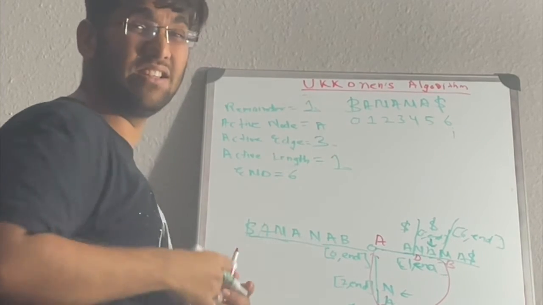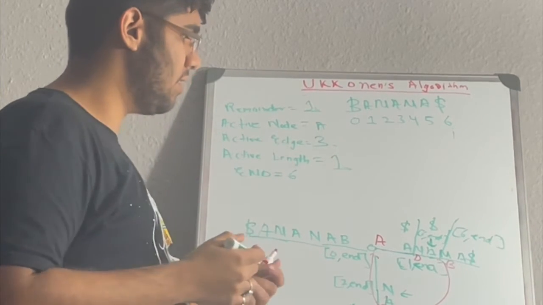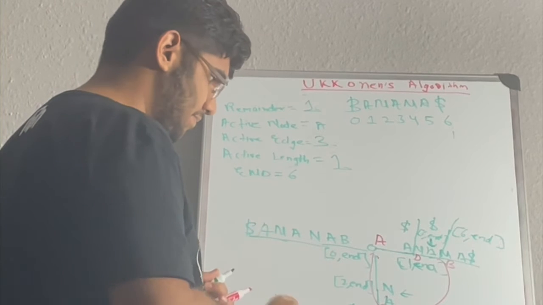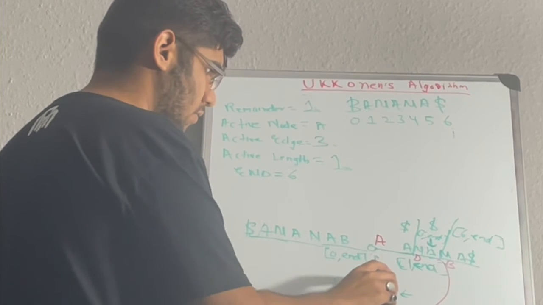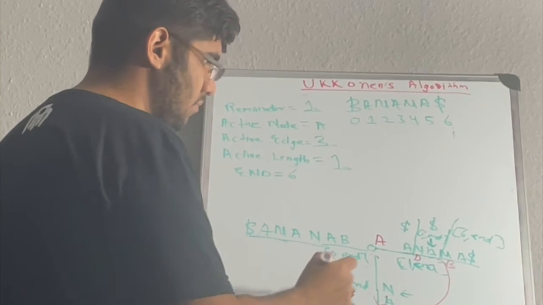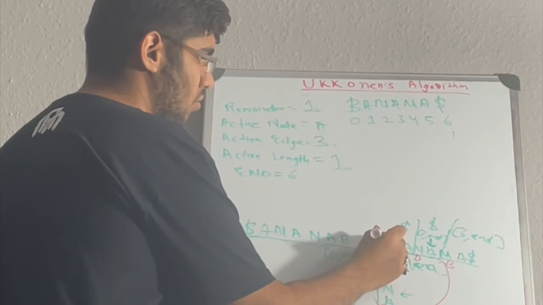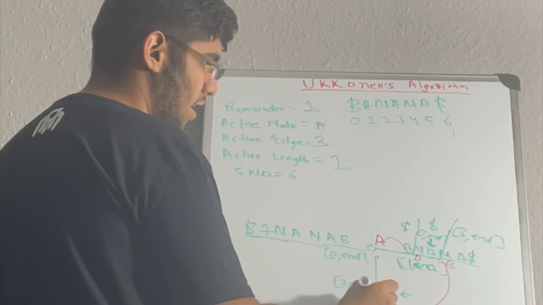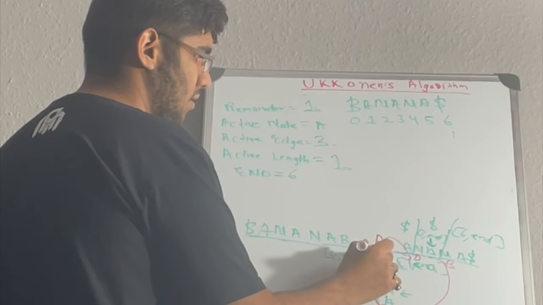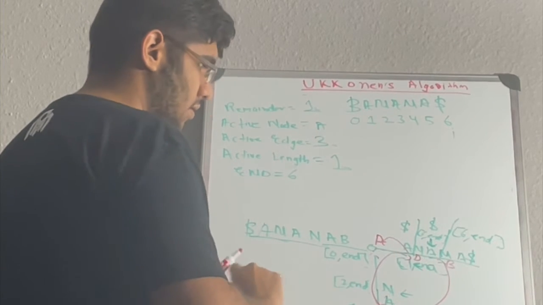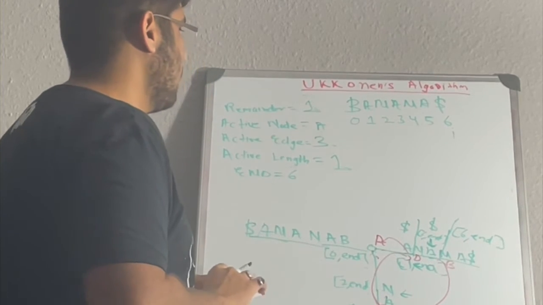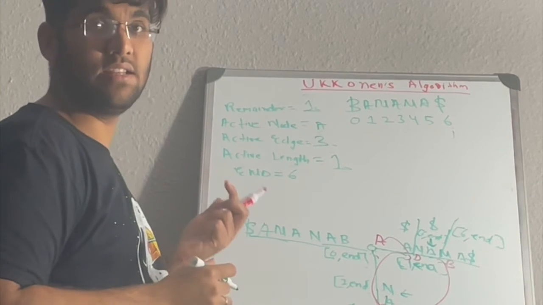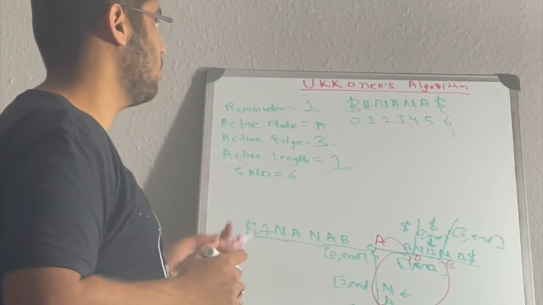As we are creating this in the same phase, now this will point to D and C will point to this, our suffix link. Now we are still not done as our remainder value is 1.